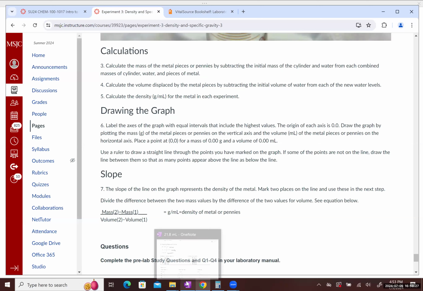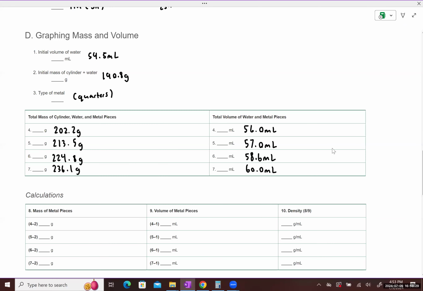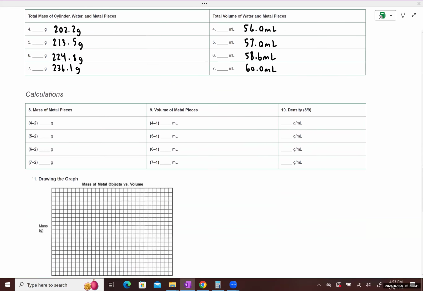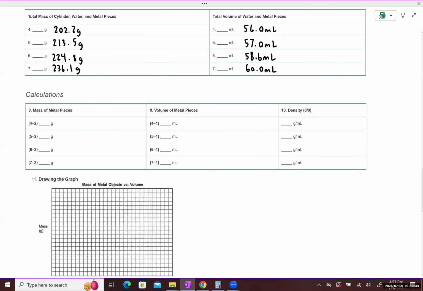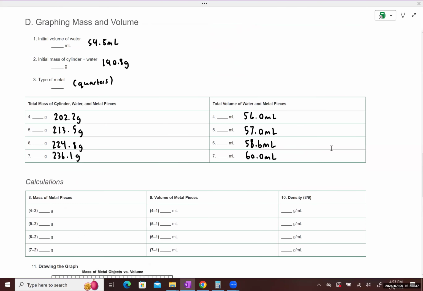Okay, so first let's complete the calculations. For the mass of the metal pieces, we have to determine that via difference. So we take the mass of the graduated cylinder, water, and metal pieces. In this case, we're going to calculate that for our first trial here. So we have 202.2 grams.